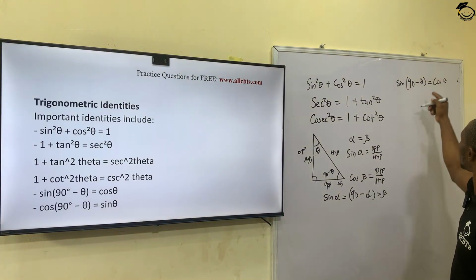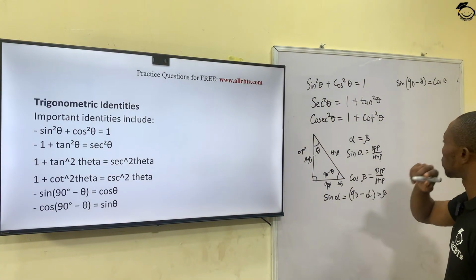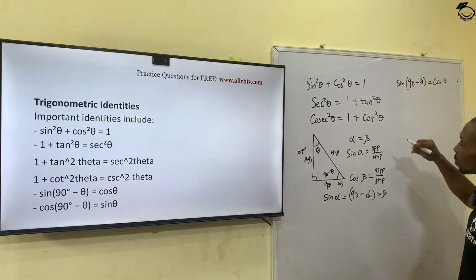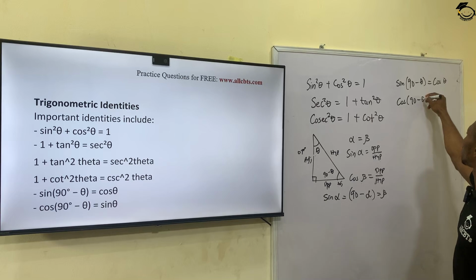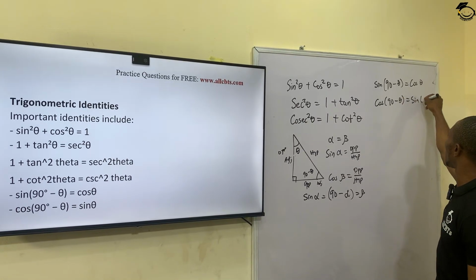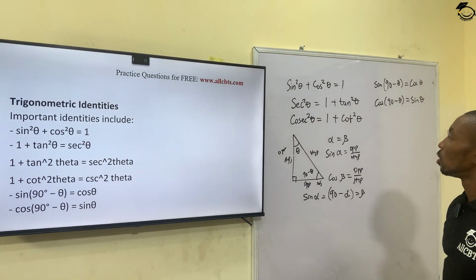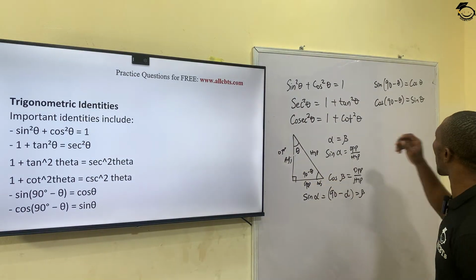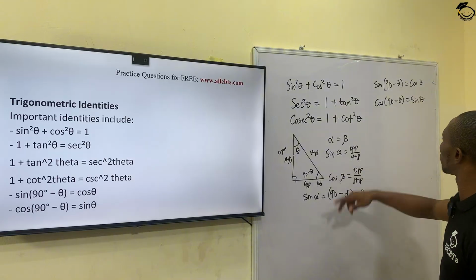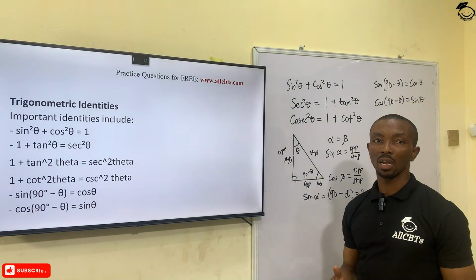Then cos (90 minus theta) will give us sine theta. So sine (90 minus theta) will give us cos, while cos (90 minus theta) will give us sine.